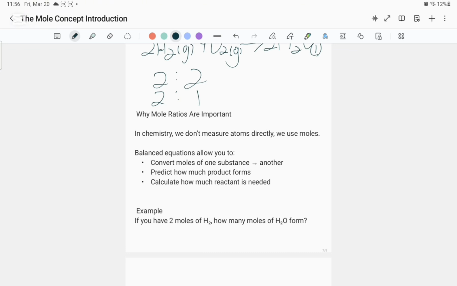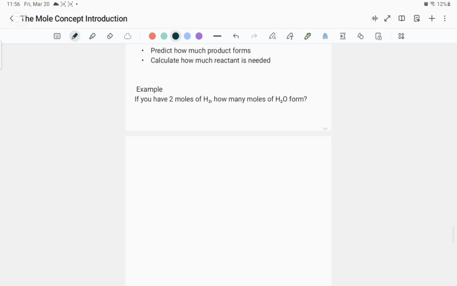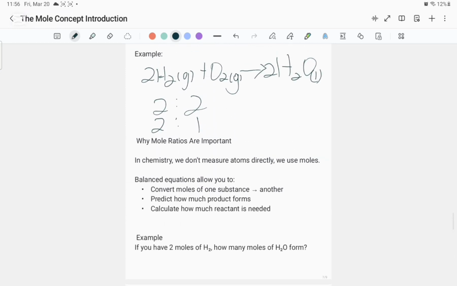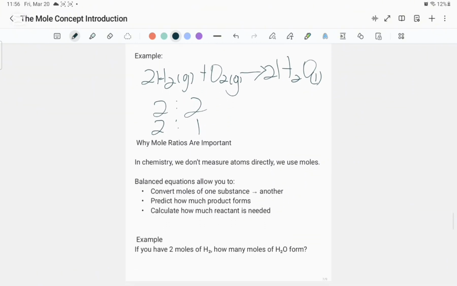So your balanced chemical equation allows you to convert moles of one substance to another, it predicts the products that are formed, and it calculates how much reactant is needed. Example, if you have 2 moles of H2, how many moles of H2O form? So we could go back to our example of the formation of water.